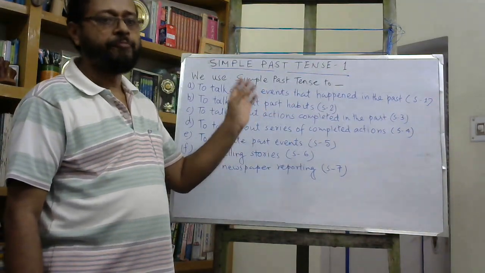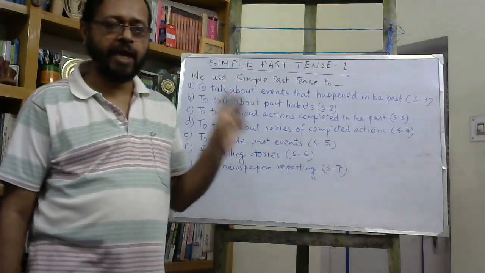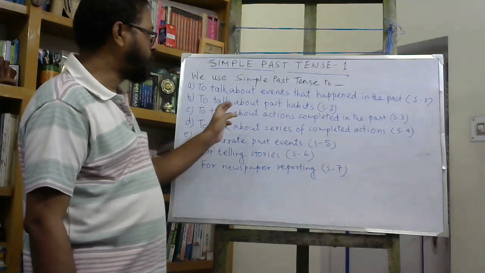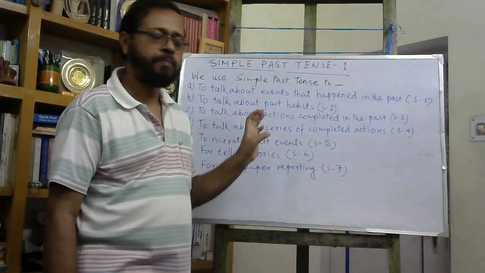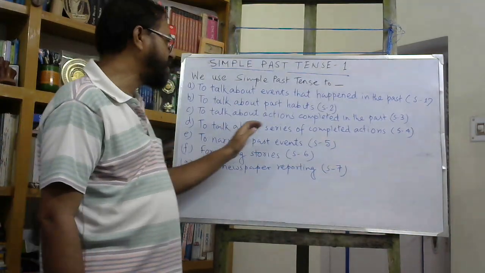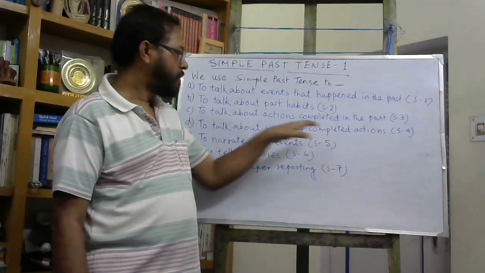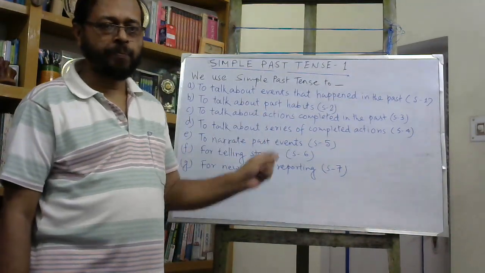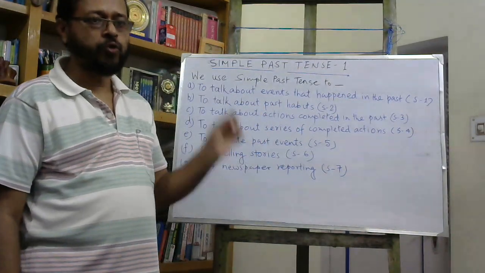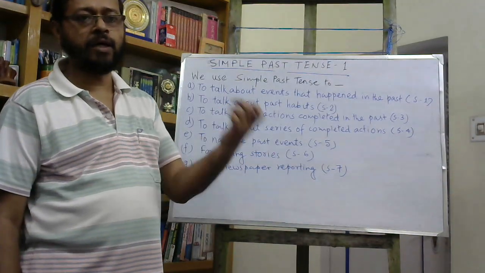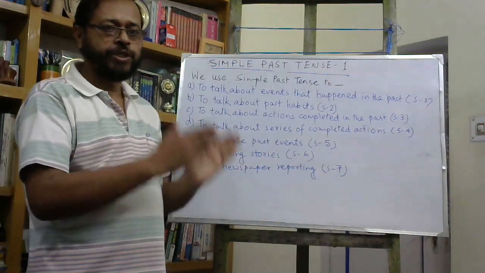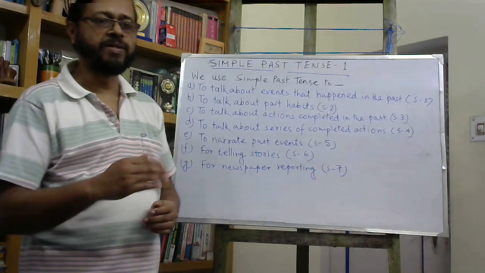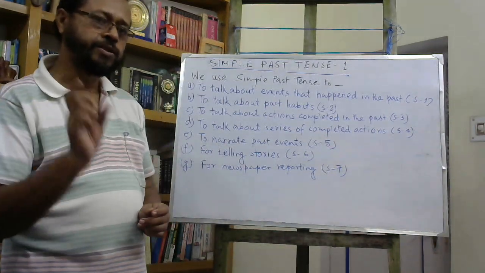We finished our project in time. So, to talk about actions completed in the past. To talk about a series of completed actions. He took a pen, wrote an application and submitted it to the headmaster. So, series of completed actions, we use simple past tense.